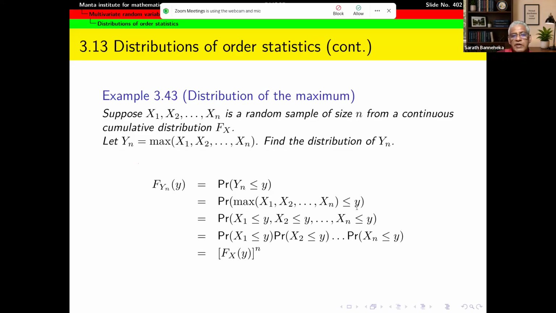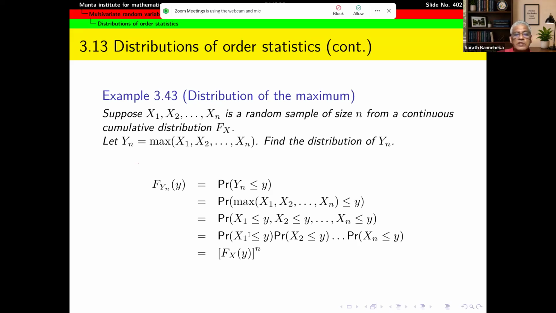So therefore, this event can be written as the intersection of several events like this: X1 less than or equal to y, and X2 less than or equal to y, and so on, Xn less than or equal to y. Right. Now, because X1 up to Xn are independent, the probability of this intersection is equal to the product of individual probabilities. So I can write this as the probability X1 is less than or equal to y, times the probability X2 is less than or equal to y, and so on, times the probability Xn is less than or equal to y.